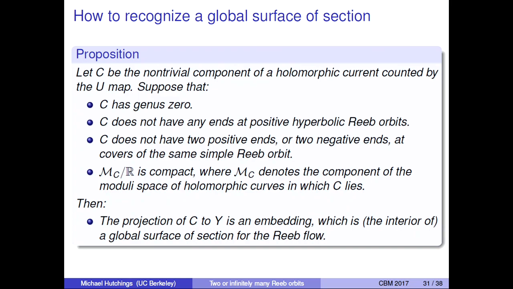Then the projection of C to the 3-manifold is an embedding, which is the interior of a global surface of section. So we need to show that one of these curves has genus 0 and also satisfies these other assumptions, which I'll skip over for now. So the emphasis is how do we get this thing to have genus 0?